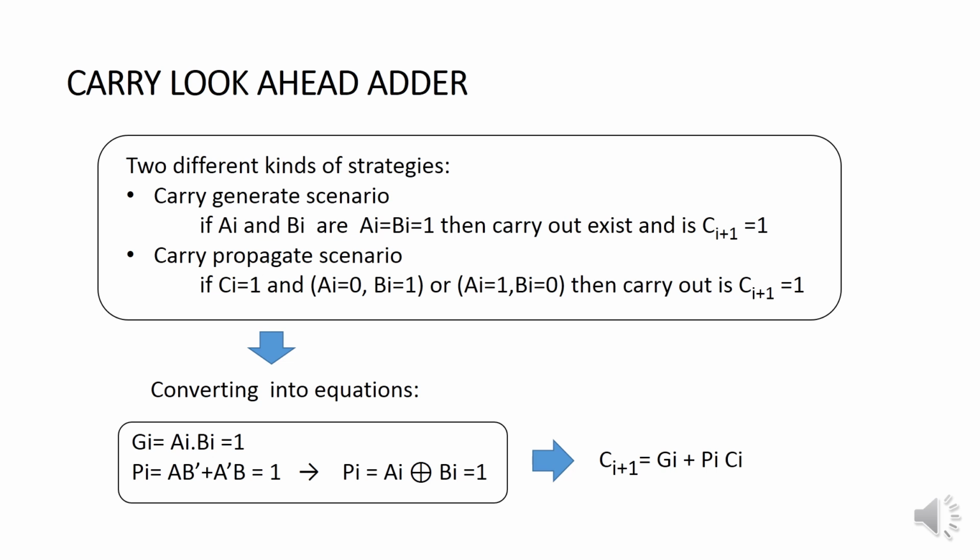And p equal to 1 represents the condition when an input carry will be propagated to the output carry.